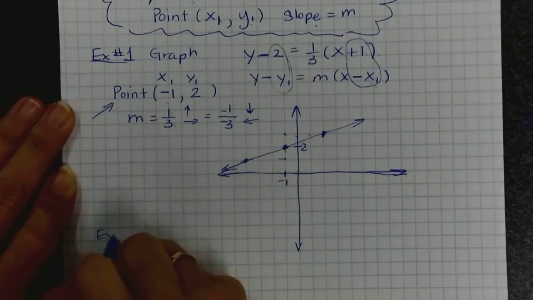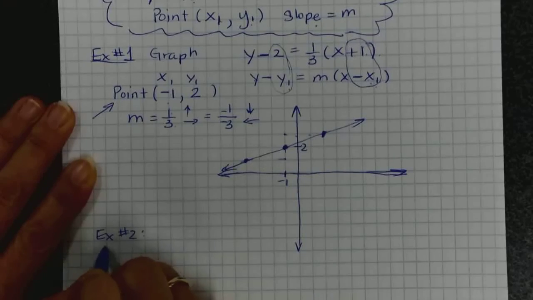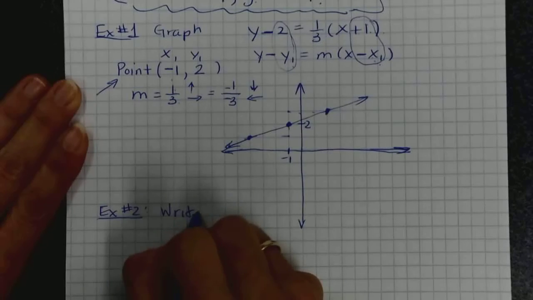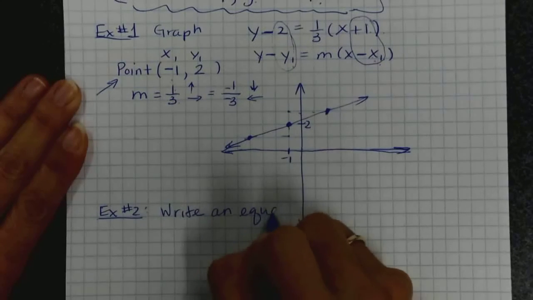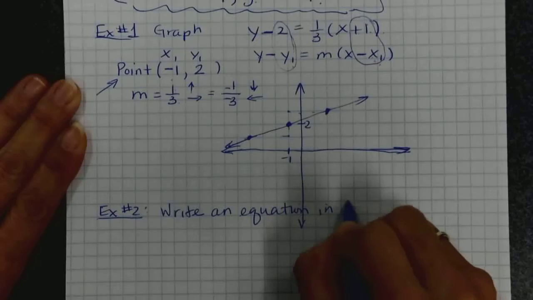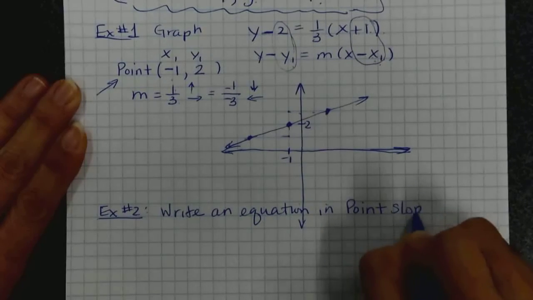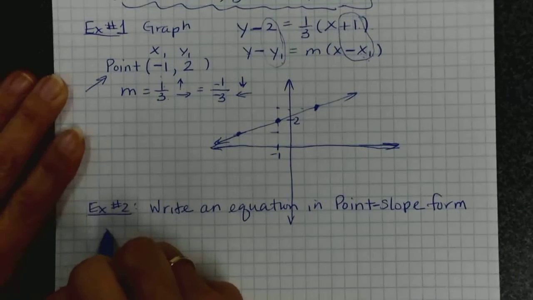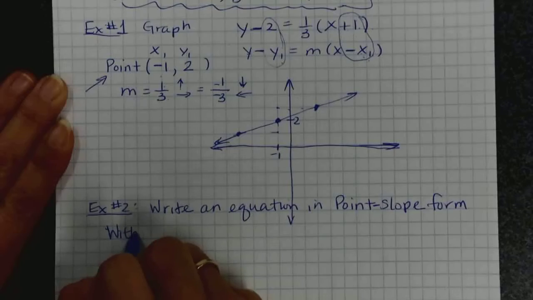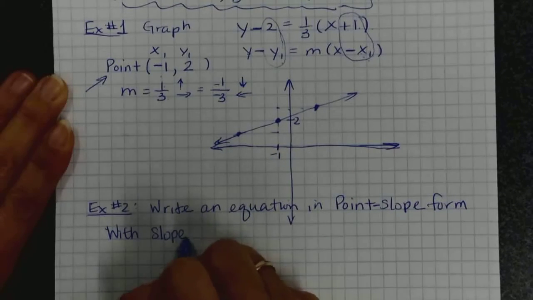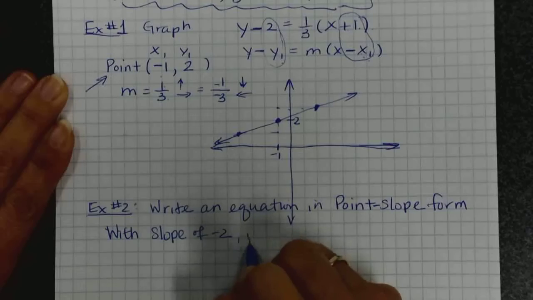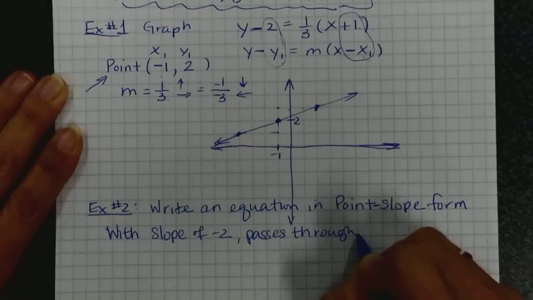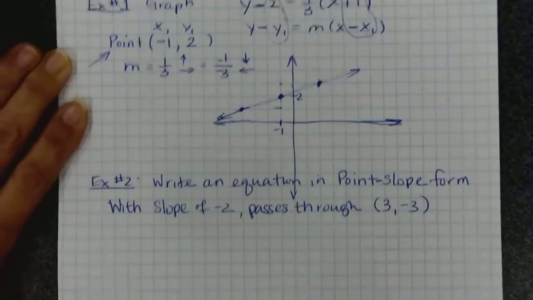In example number 2, we're going to write an equation in point slope form, given the slope of negative 2 and the line passes through the point 3, negative 3.